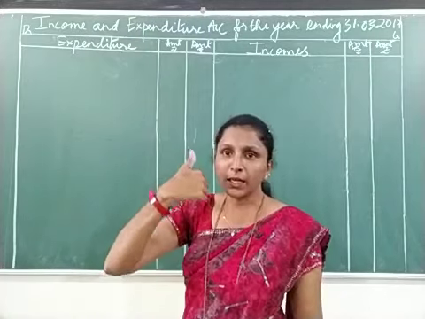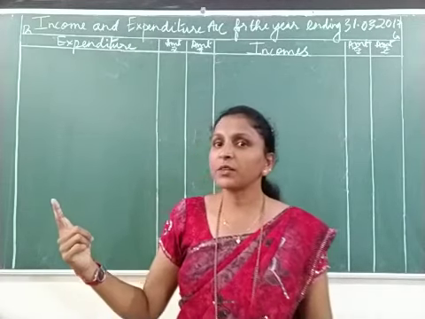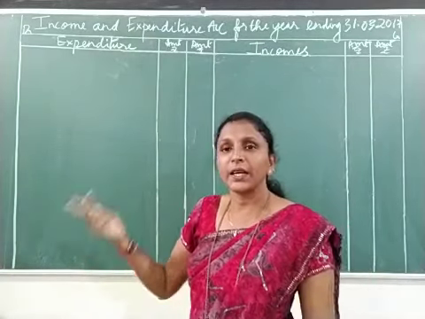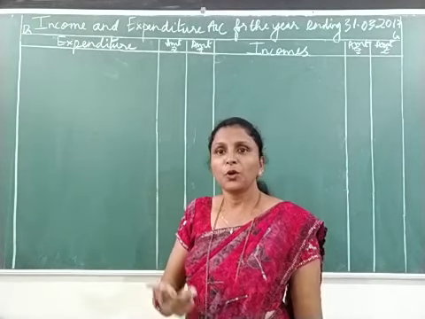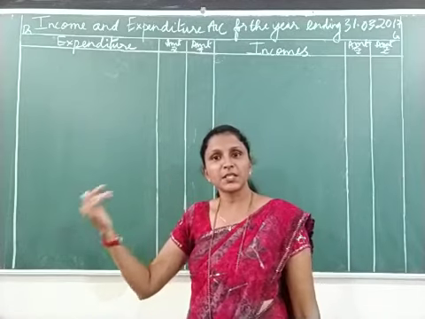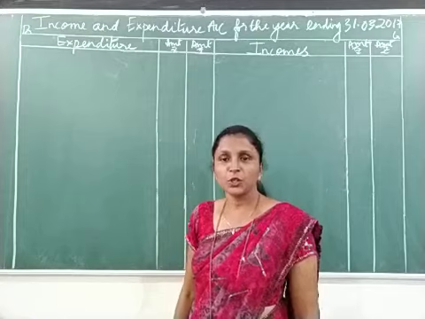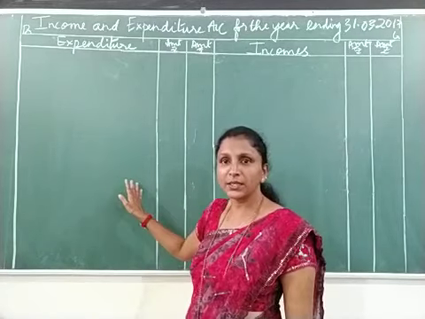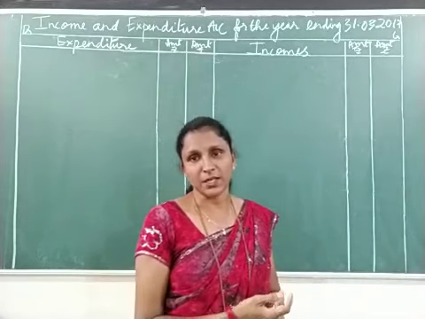One thing, income and expenditure account is a revenue account. It does not start with any opening balance. It is prepared by looking at the receipts and payments account, and it does not include any items of previous year or next year. So let's start with the problem. I said already you have to prepare this account by looking at the given receipts and payments account.